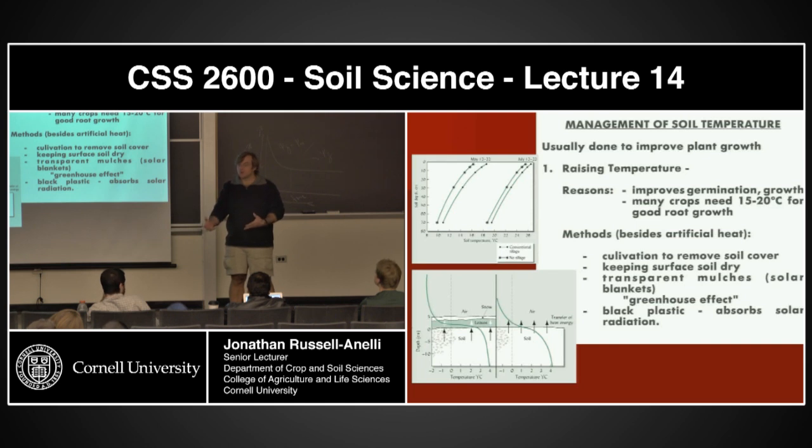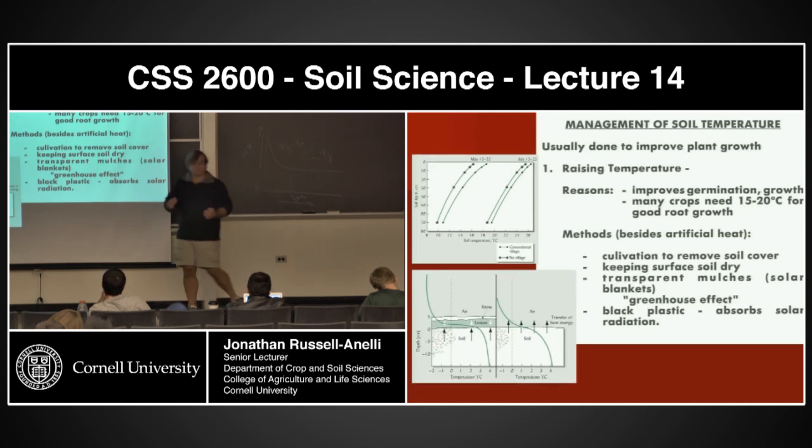If I have a dark soil versus a light soil, if I reduce the amount of albedo, if I suck in more material, and that's the idea of using a black plastic versus a clear plastic. Use a black plastic, more heat, it absorbs more. Okay, granted, I still have to transfer that heat from the mulch to the soil, but if I heat it up enough, I can overcome that conductivity break, that issue with conductivity. Does that make sense? Questions? This is how I want to heat the system up.